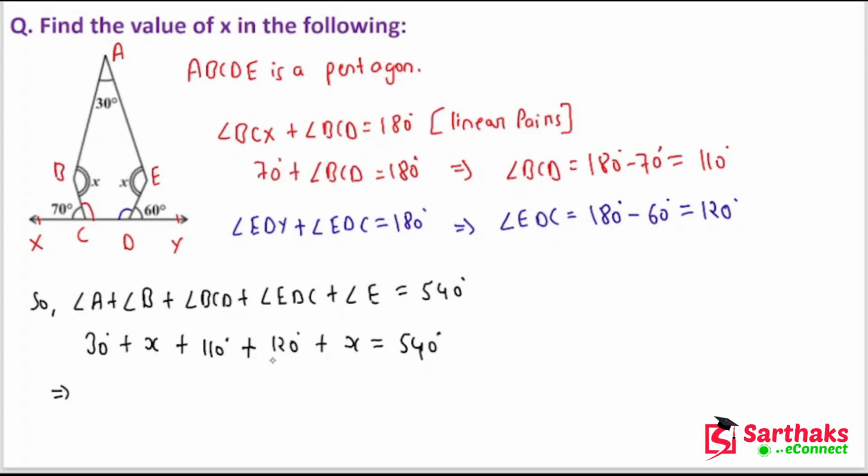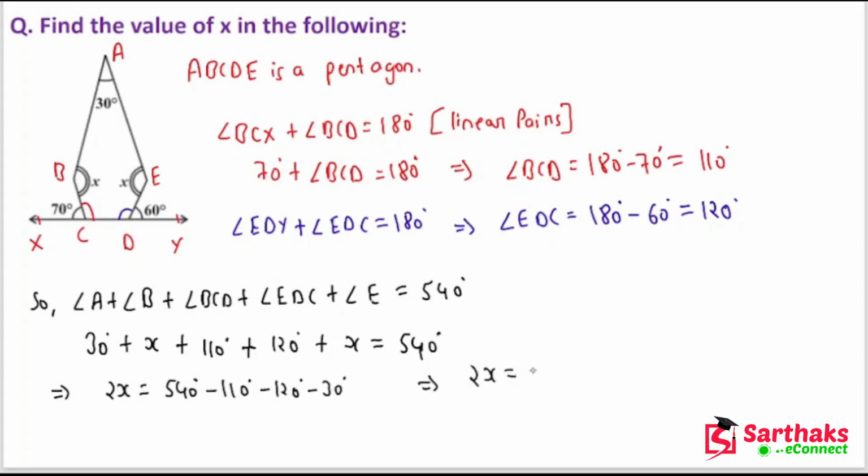Simplifying the equation, we will get x plus x, that is 2x, equals 540 degrees minus 110 degrees minus 120 degrees and minus 30 degrees. That is, we have taken all these 3 terms to the RHS. So 2x is equal to, calculating this, 110, this is 230, and 30, 260 degrees.